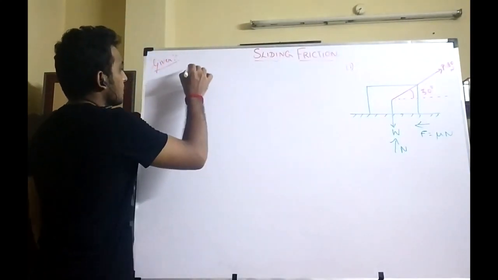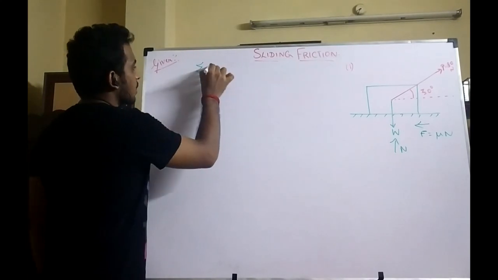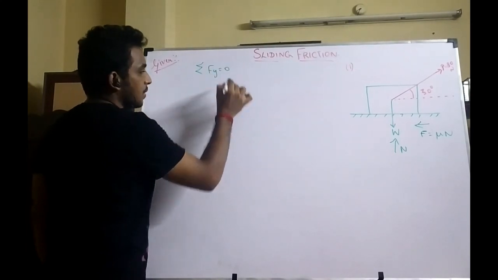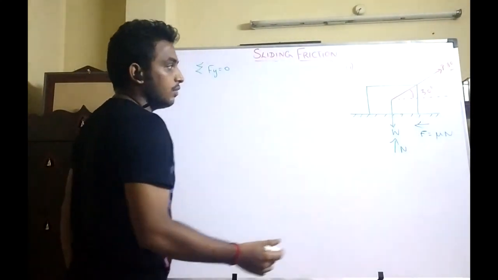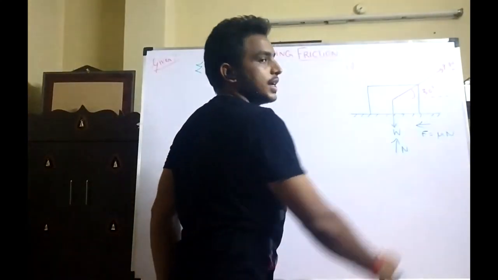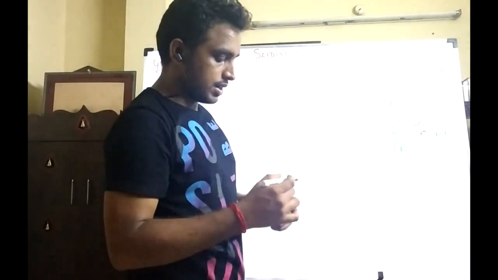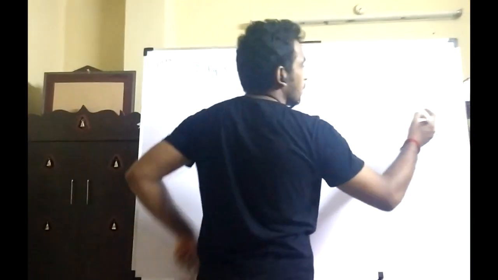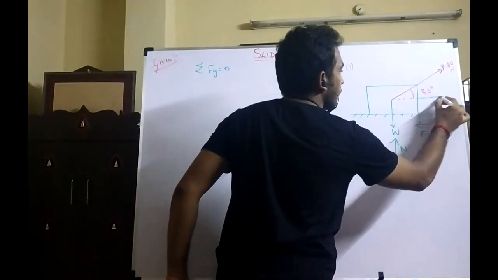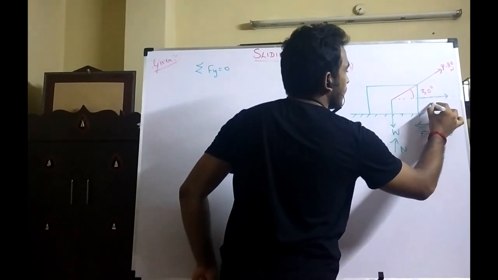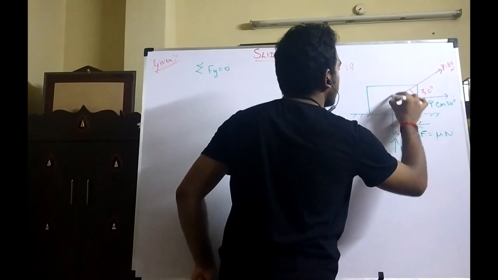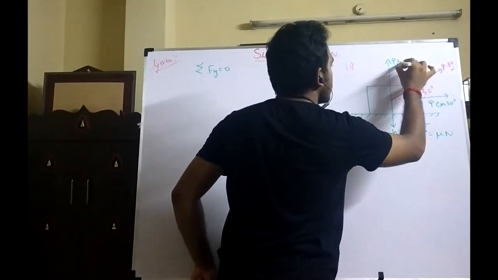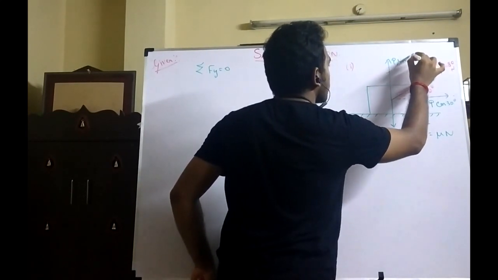First we take summation of F_y equal to 0, because that has the minimum amount of forces acting. Before that we need to resolve this force, 80 Newton, into vertical and horizontal components. So we resolve this force and get P cos 30 and P sin 30.